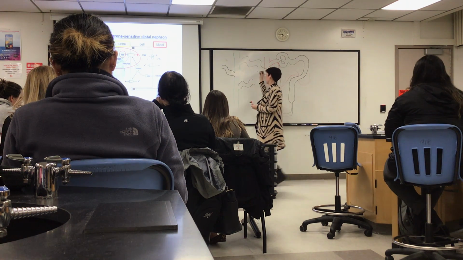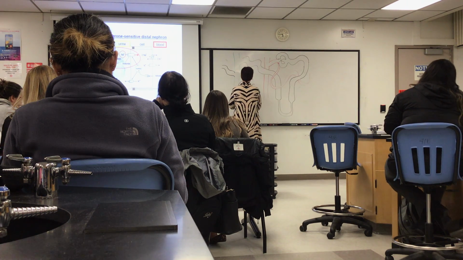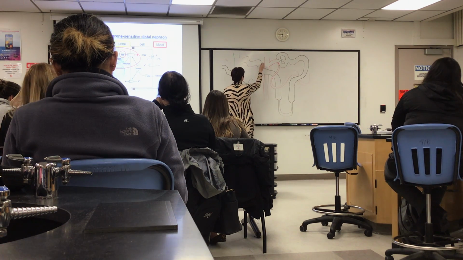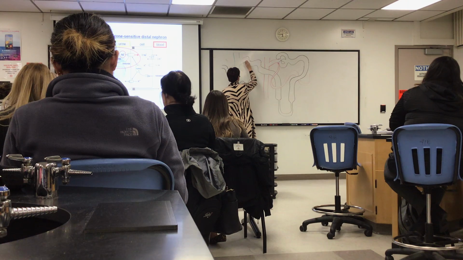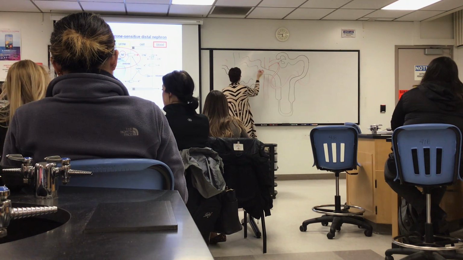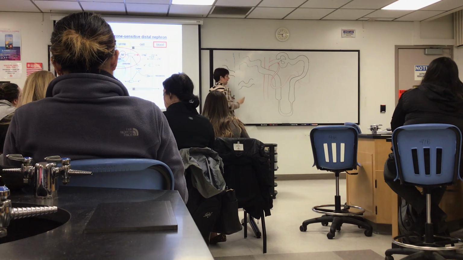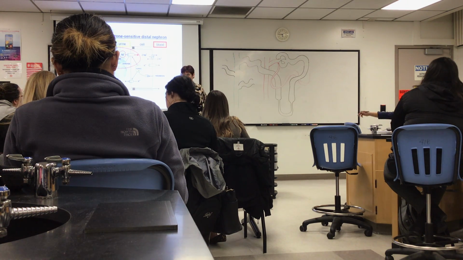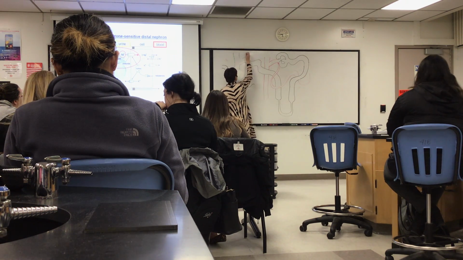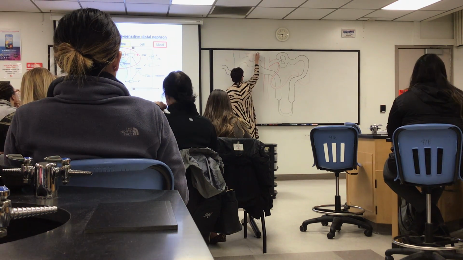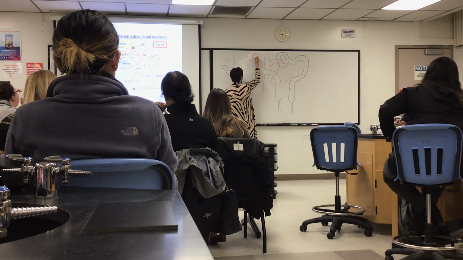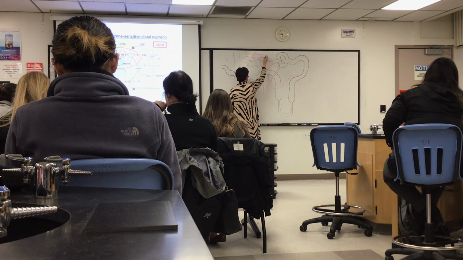So aldosterone has its receptors on the distal convoluted tubule, and to some extent on the collecting ducts if they are in the medulla, not the collecting ducts down in the cortex. All right? So these are receptors for aldosterone.